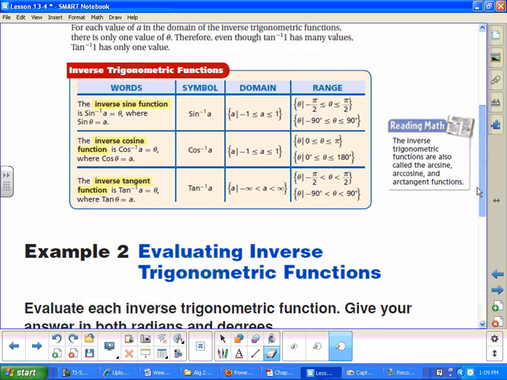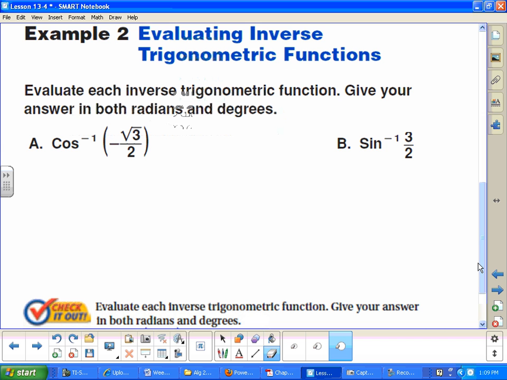All right, so let's answer some questions. This says evaluate each trig function, give your answer in both radians and degrees. The main thing to notice is those letters: if they're capital letters, we're talking about the functions, and the functions are limited to those areas.